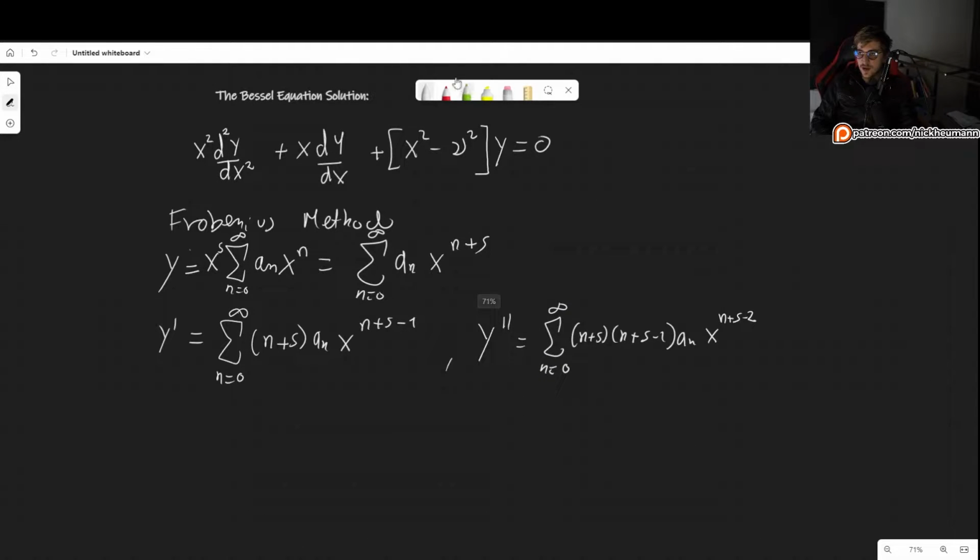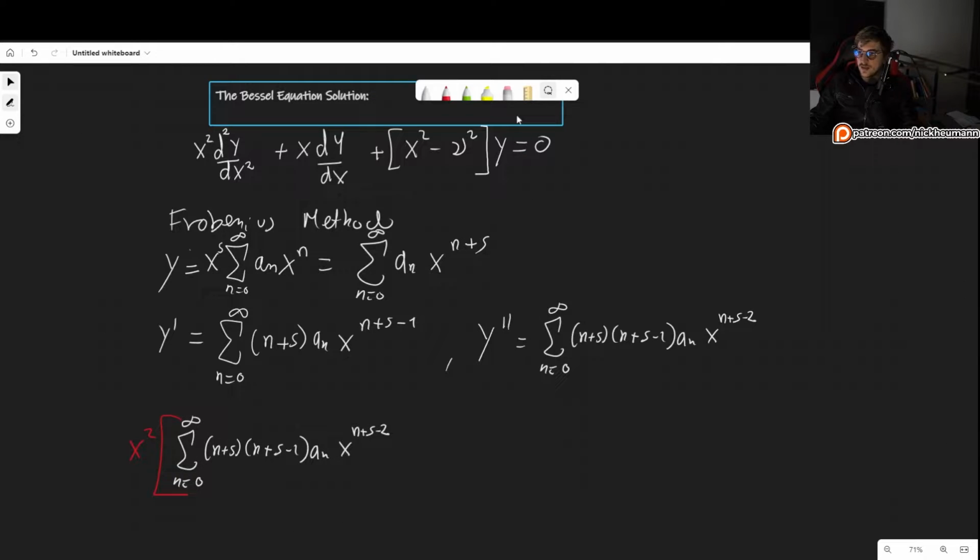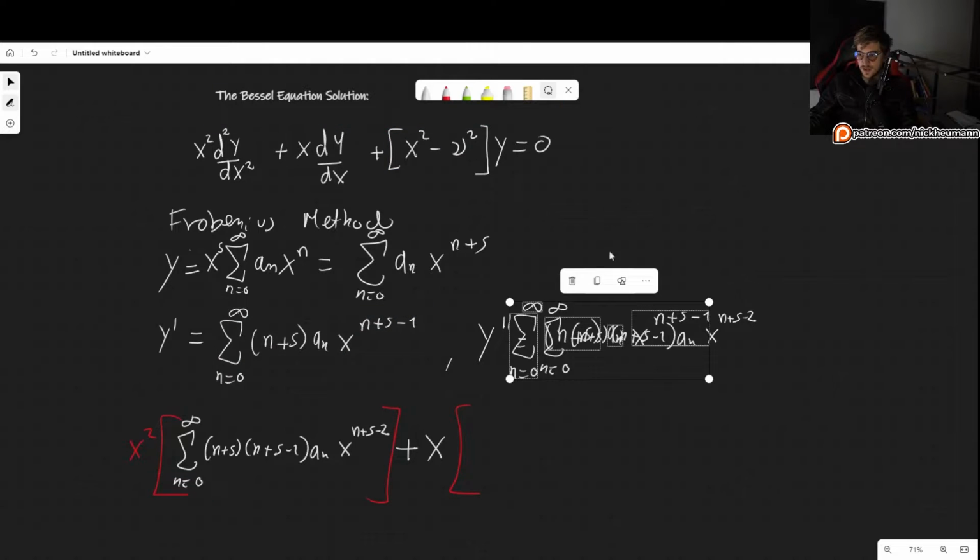So let's just plug everything into the Bessel equation. So we get x squared times this thing right there. So let me copy it, paste it and bring it there. And then we get plus x times the first derivative, which is this. So copy paste.